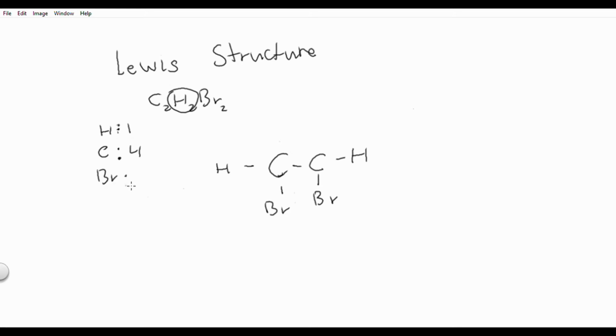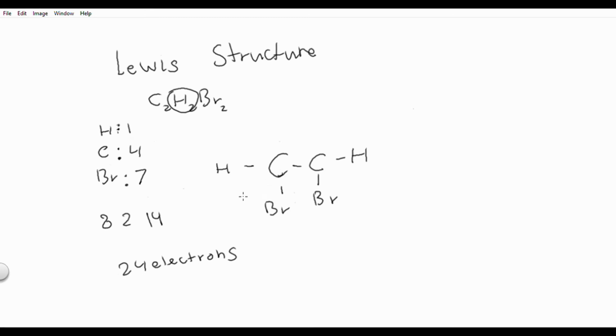Bromine, my pronunciation is pretty bad, is 7. So there's 2 carbons, so 8, 2 hydrogens, so 2, and 14. So we have a total of 24 valence electrons. I'll be saying valence electrons so that you guys don't confuse yourself.